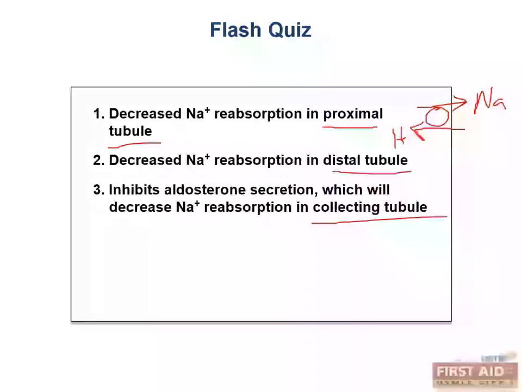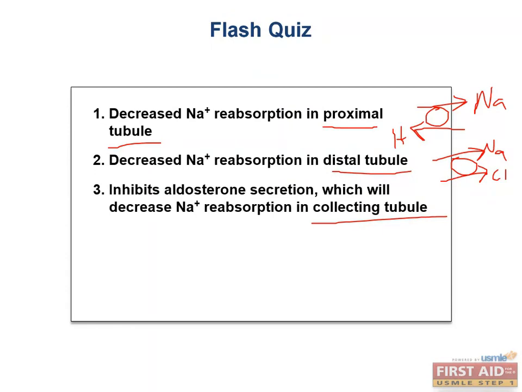Now, the second one is angiotensin II normally acts in the distal tubule to promote sodium reabsorption by cotransport with chloride. Remember the sodium chloride cotransporter. So an ACE inhibitor is going to lead to more sodium loss and diuresis here as well.